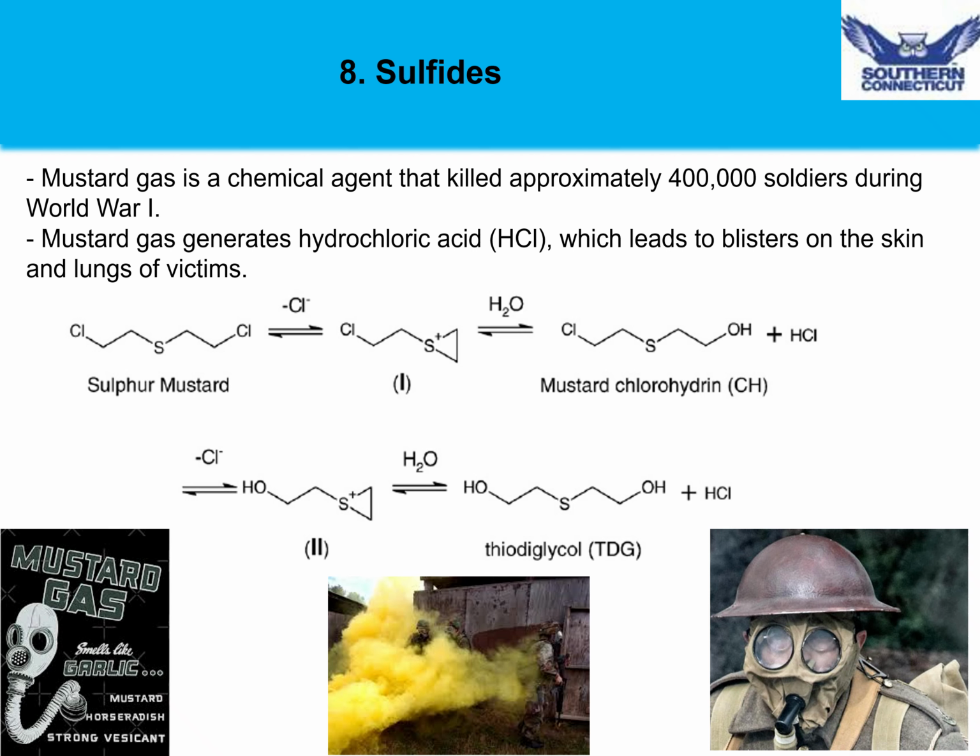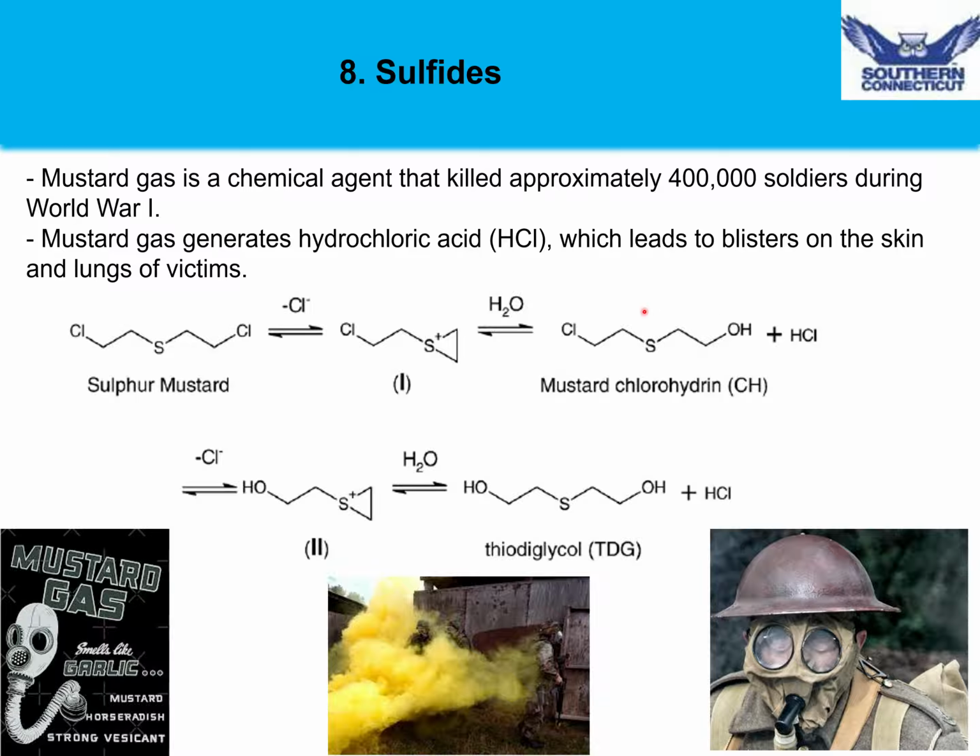The way this agent works is by first the sulfur attacking one of the carbons that has a chloride leaving group, forming a sulfonium salt, which then is opened by a water molecule or other nucleophile. This results in an HCl byproduct.